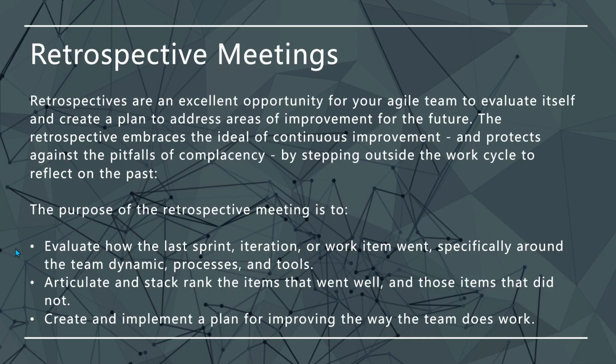So in a retrospective meeting, you mainly discuss the iteration, the last sprint, and try to understand what went well, what did not go well, and what things to improve. That's what I'm articulating in the second point as well. And finally, you'll create a plan to see how you can improve on things in the future. That's what you generally do in a retrospective meeting.